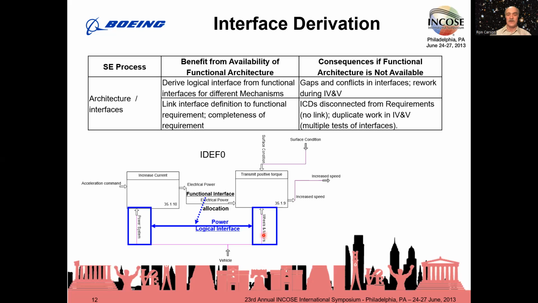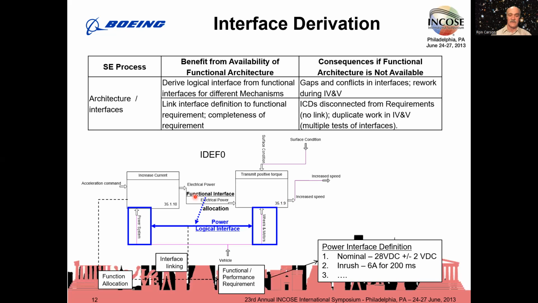So we can use this functional architecture in a disciplined manner to justify all the definitions of interfaces, both functionally and logically, and we can link these interfaces to the functional requirements. Say you've got to deliver electrical power in this example in accordance with some definition that is captured in interface control documentation.